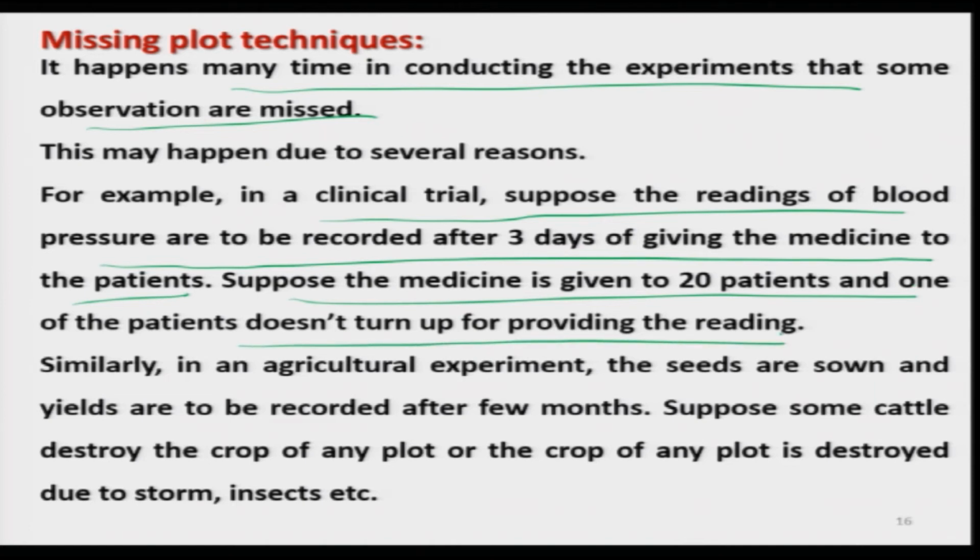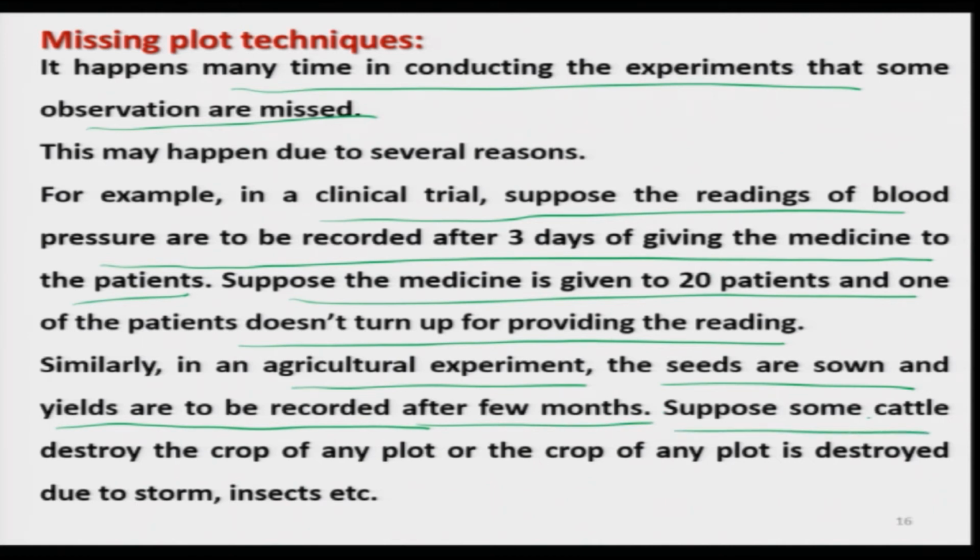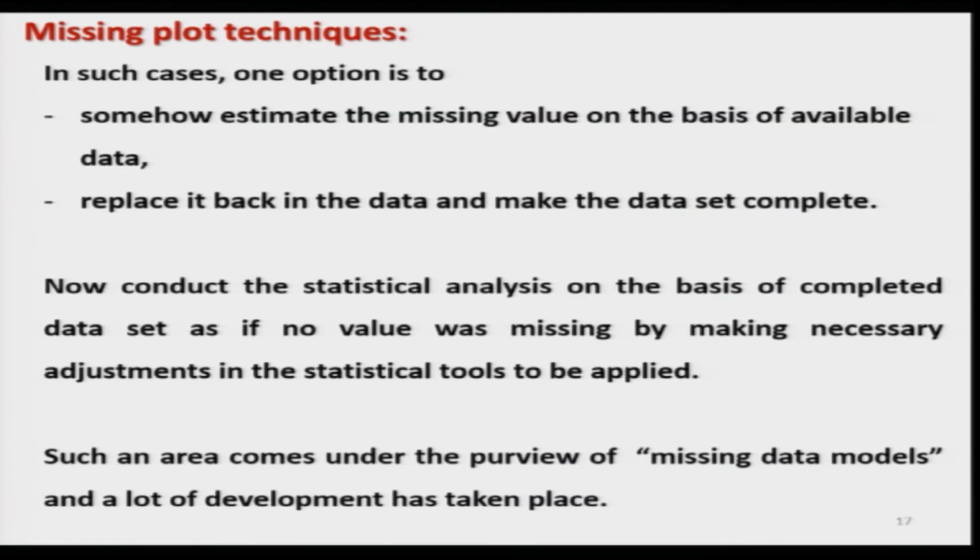Similarly, in case you consider an agricultural experiment, suppose the seeds are sown in the plots and their yields are to be recorded after a couple of months, and suppose some cattle destroy the crop of one plot and the crop of another plot is destroyed due to storm, insects, etc. So now what will happen is that one or more observations are missed from the data that you were expecting to collect.